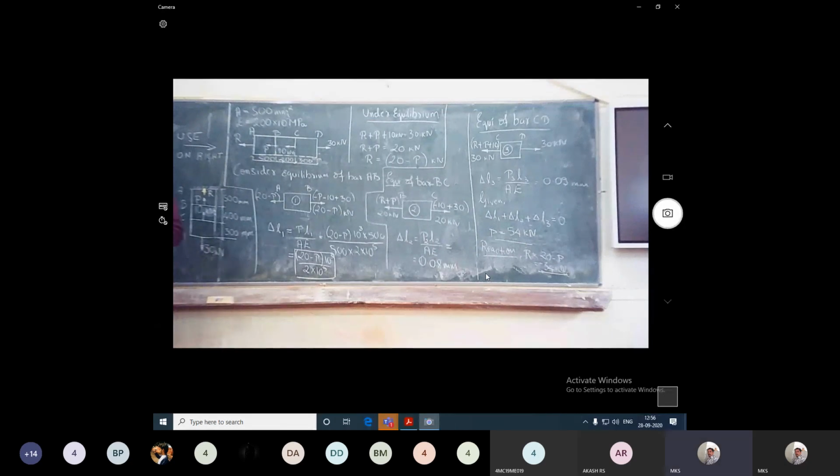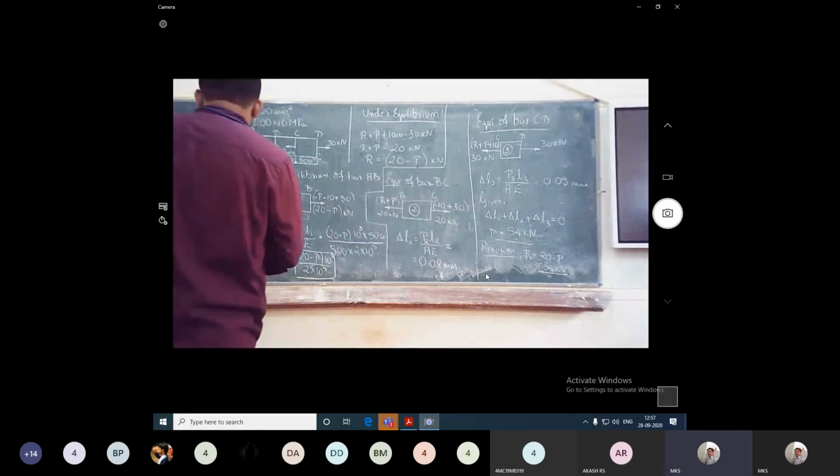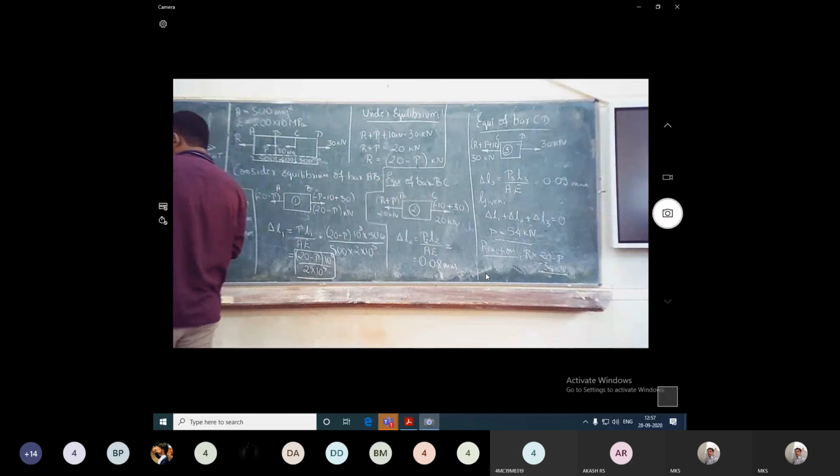So this finishes the problems on bars with varying loads and varying cross section. Next we'll move on to the next topic in this module in the next class. We have one derivation on taper section and rectangular cross section bar, the derivation for change in length.